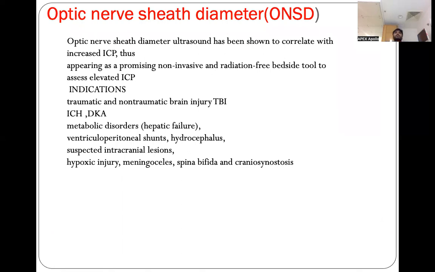Next is optic nerve sheath diameter. Optic nerve sheath diameter ultrasound has been shown to correlate with increased ICP. It is a non-invasive, radiation-free bedside tool to assess elevated ICP. Indications are traumatic and non-traumatic brain injury, intracranial hemorrhage, DKA, metabolic disorders, shunts, hydrocephalus, VP shunt, and hypoxic injury.